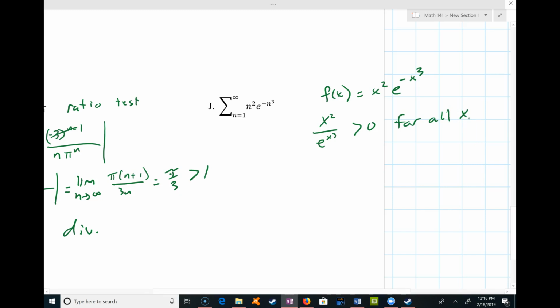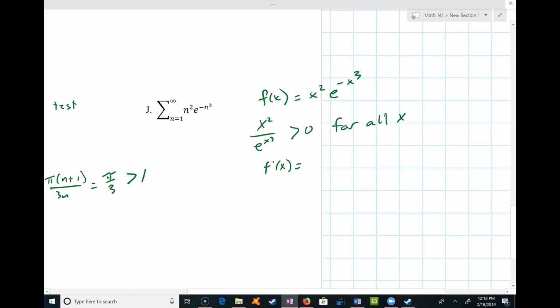And it is decreasing. We could show the derivative of f of x is going to be low d high, so that'd be 2x e to the x cubed, minus high d low, which would be e to the x cubed times 3x squared. All that's over e to the x cubed, squared.